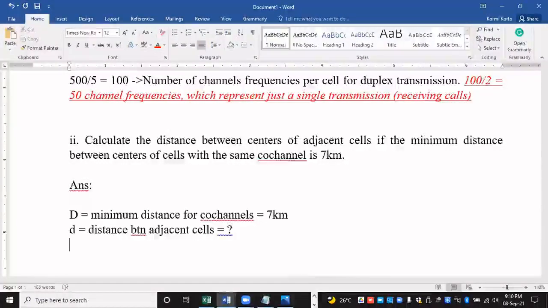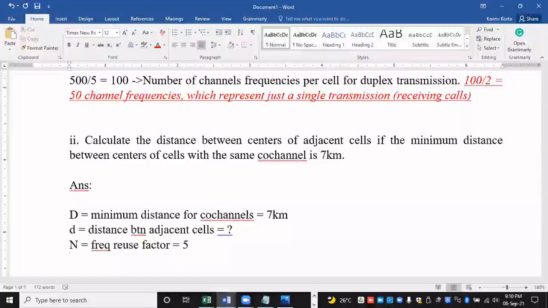We do know that N is the frequency reuse factor. What was it? Was it 5? Right, it was 5.